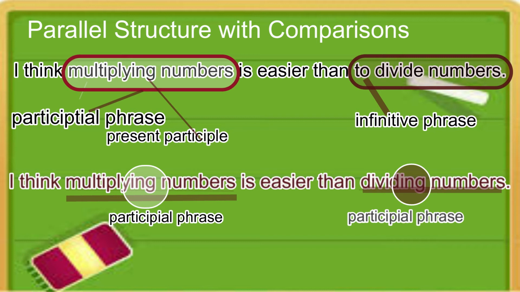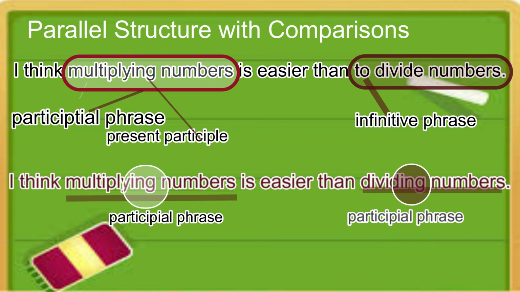Okay, let's have this one. Parallel structure with comparison. When we say comparison, comparing. So, the example given in your module, I think multiplying numbers is easier than to divide numbers. What do you think of the statement? Is it parallel? Of course not. Why? Look at the encircled words. Multiplying is a participial phrase. It is in the present participle.